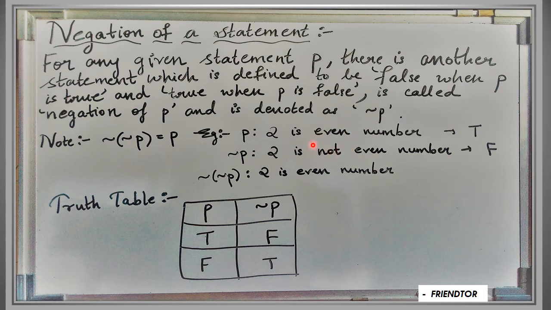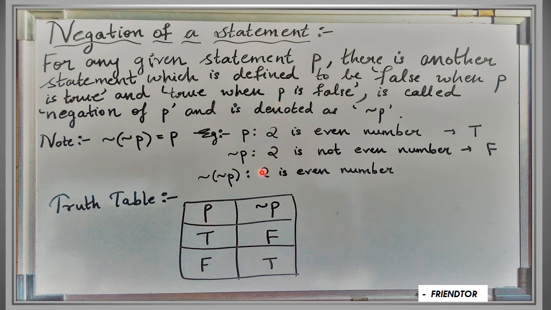Again, if you want to negate it, you will remove that not. If I remove that not, I will get back P. See, if you notice, P and negation of negation P are the same. 2 is an even number, right? So this is what this note means. Negation of negation P is the same as P. That means if I apply negation twice on a statement, then I'll get the same statement back. Again, this has truth value T because it is the same as statement P.